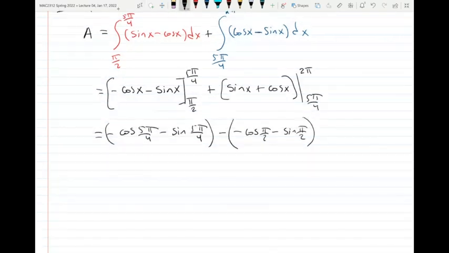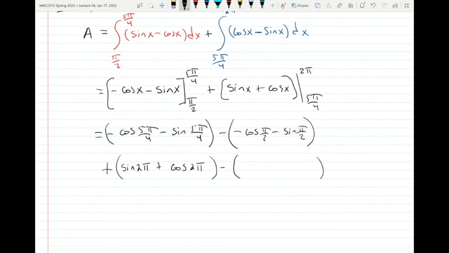That's the first parenthesis. Then we have plus, the second parenthesis. I'm going to write in everything, but eventually you will realize there are some terms that are 0, and then you don't need to really worry about them. But let's just do it. So I plug in 2 pi, then minus, I plug in 5 pi over 4.